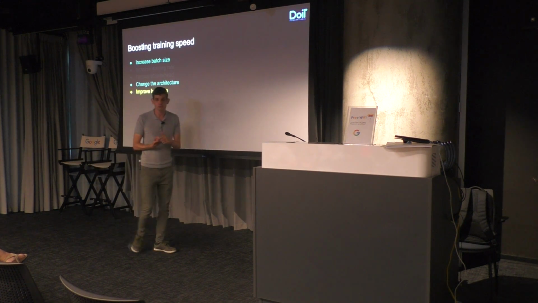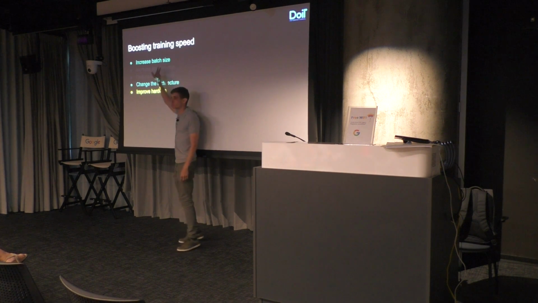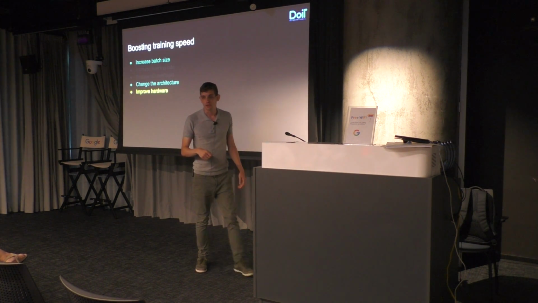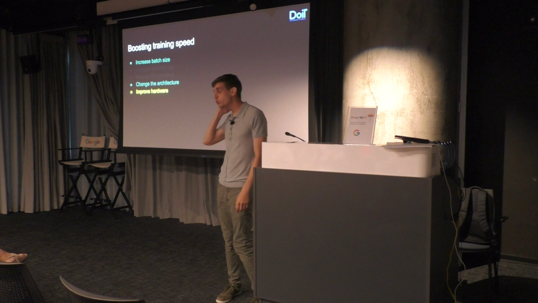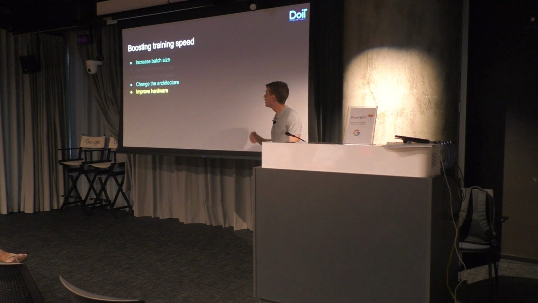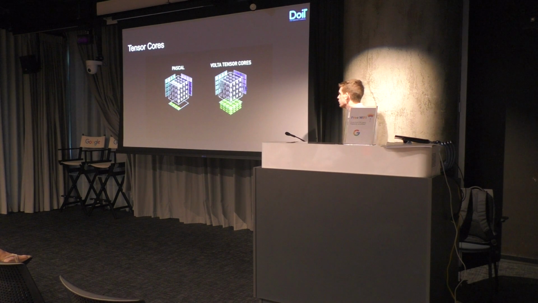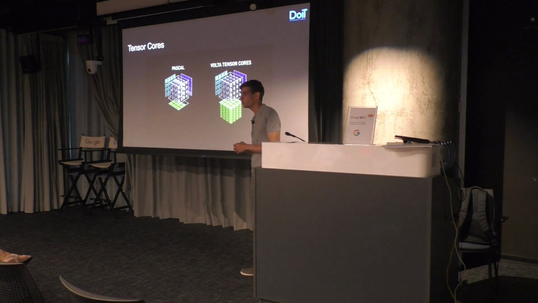For example, more RAM would allow us to increase the batch size, or if our GPU can perform more teraflops per second, then we are able to train faster. So for this, NVIDIA came up with a new technology called Tensor Cores.